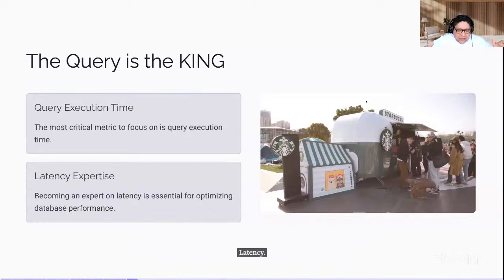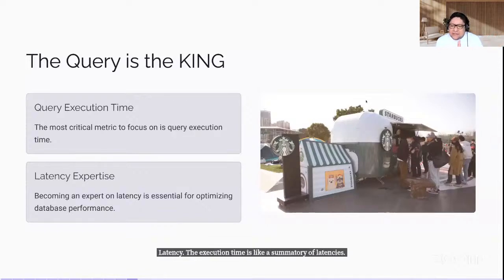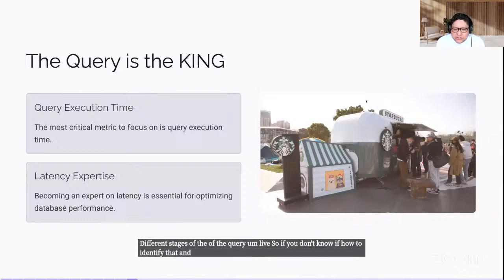The execution time is like a summation of latencies at different stages of the query life. So if you know how to identify that and how to understand that, everything else is easier.